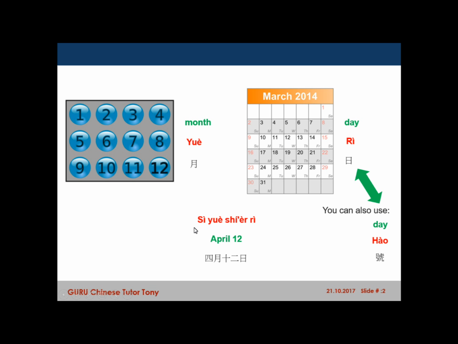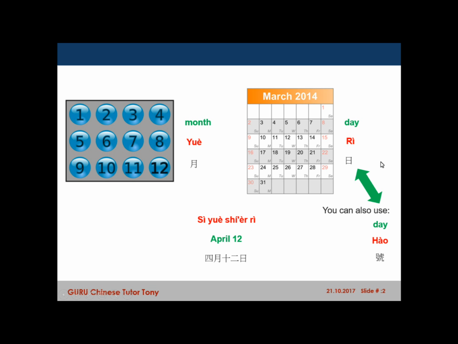For example, 4月12日: 4月 is April and 12日 is 12, so April 12 is 4月12日.